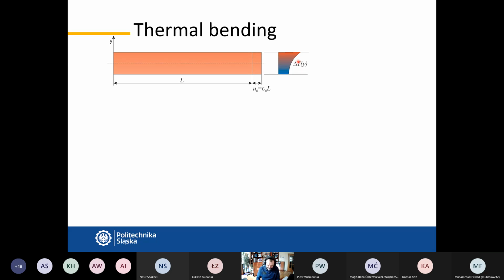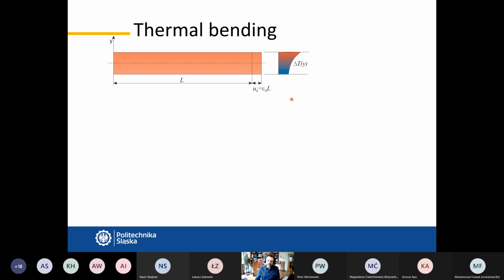So first, we say that all cross-section planes remain plane after bending. So if the lower part deforms less than the upper part, this object should bend. So it should be curved after deformation.